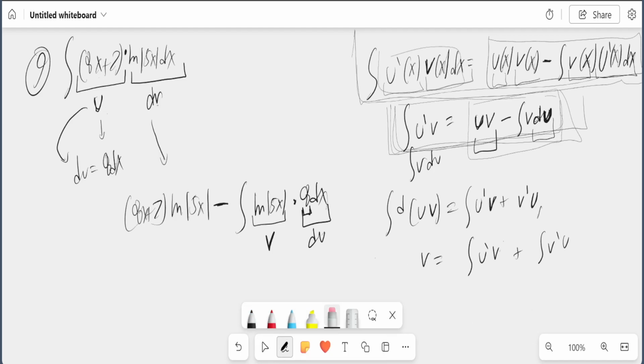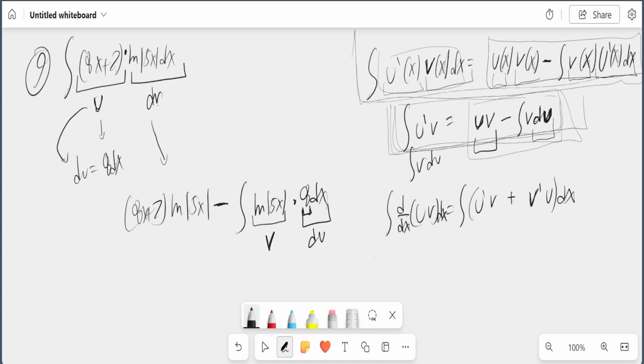Actually, let me just add the dx. I can put the dx over here, and then it's equal to u prime of v plus v prime of u, and then we multiply both sides by dx, so I'll put a dx here and a dx here.